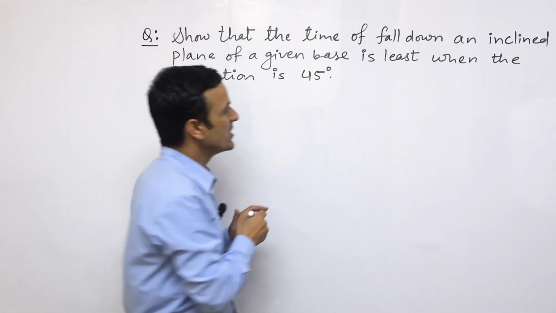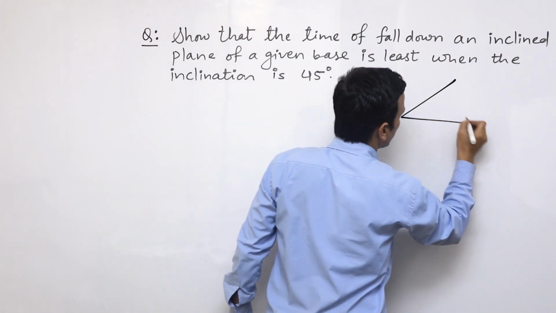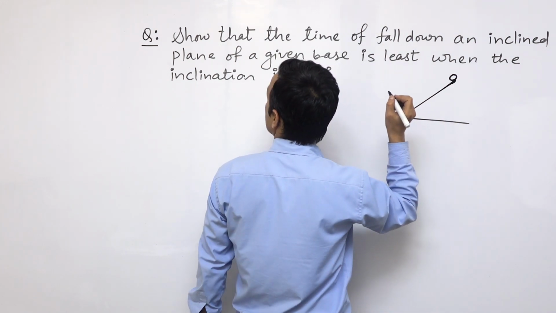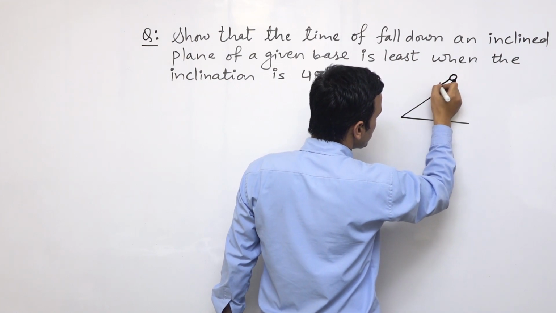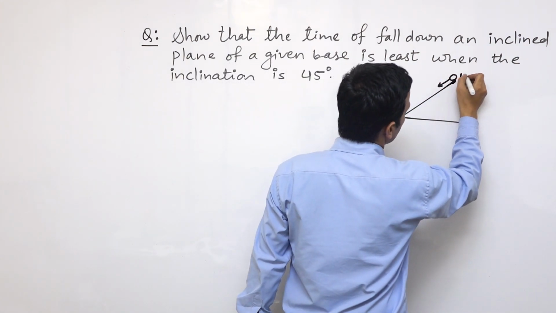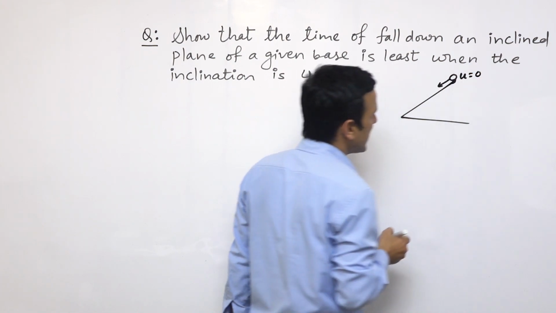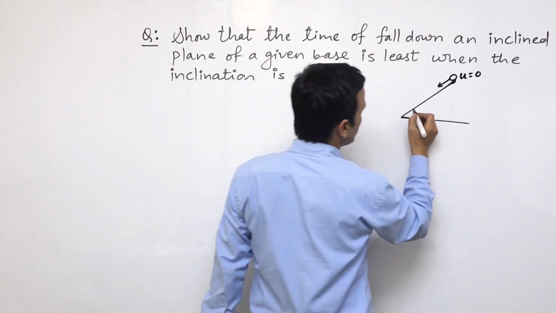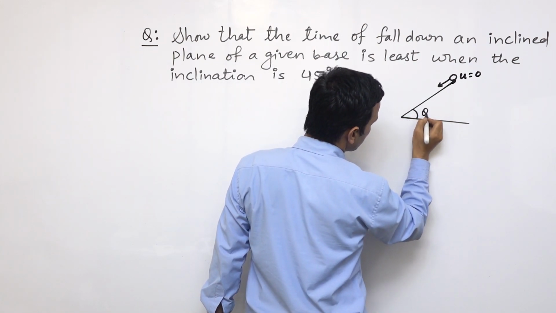This is the question. So let's draw one inclination. Now here, so one particle is here. So time of this particle is sliding down from this point to inclined plane, and here u is equal to 0. It is sliding down from this position. So angle of inclination is theta.